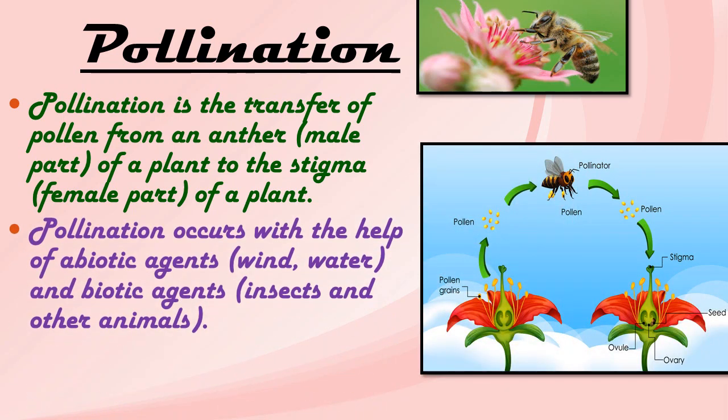Pollination occurs with the help of abiotic agents, meaning non-living things like wind and water, and biotic agents, meaning living things like insects and other animals. Insects like bees can be considered biotic agents.